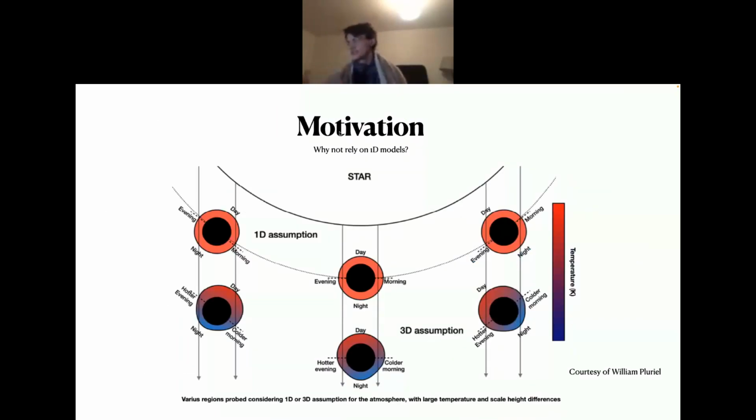clearly the biases come just from the fact that we sample very different temperatures over the limb. If you have the 1D assumption like this, you will just sample one temperature, while in 3D, you will sample over the ray of light here a large range of temperatures.